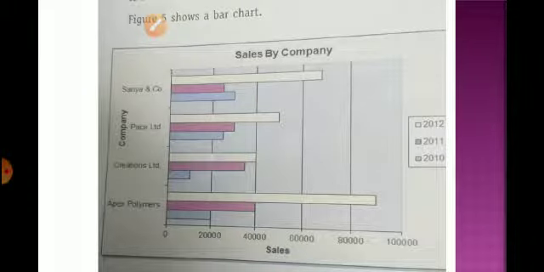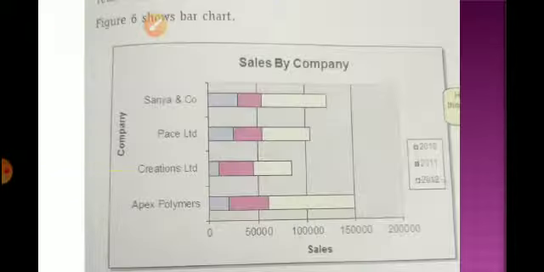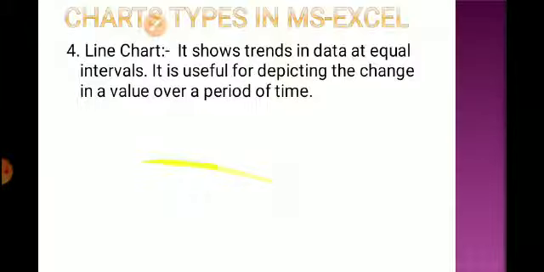This bar chart also has some variation. One variation of bar chart is stacked bar chart. A stacked bar chart shows the relationship of individual items to the whole. This is stacked bar chart.